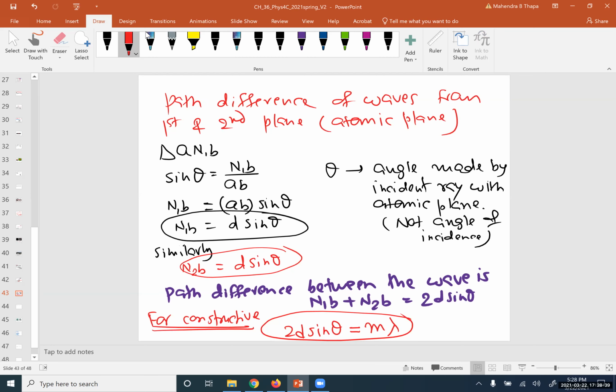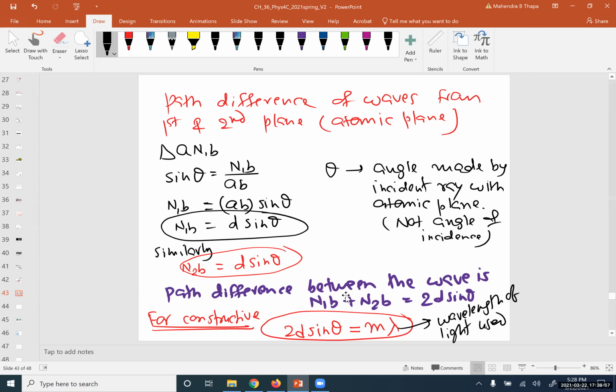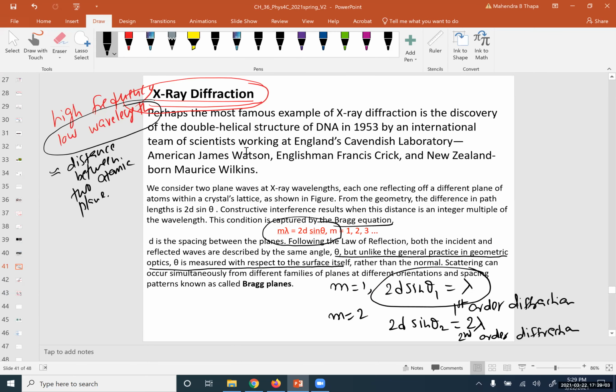Lambda here is the wavelength of light used. We can use this equation to find the condition for the different orders of diffraction. That's why we're talking about this part.